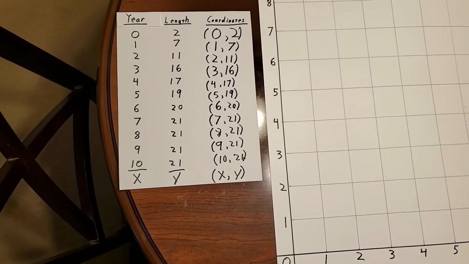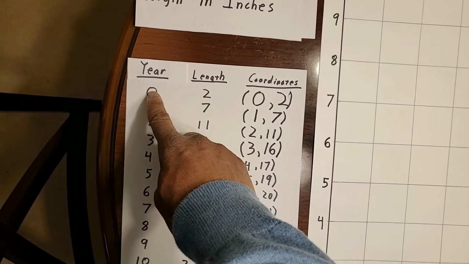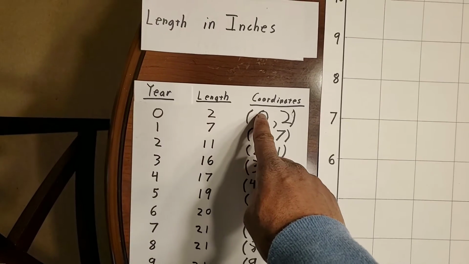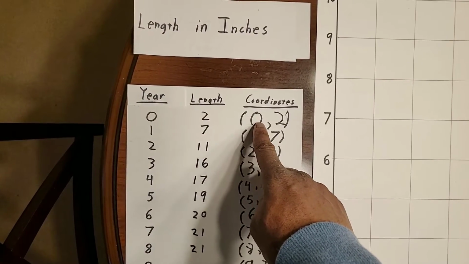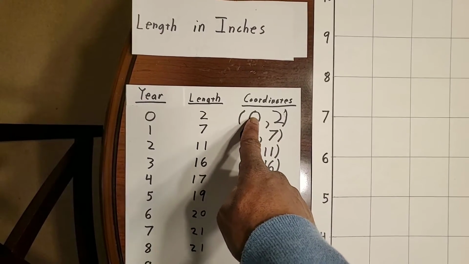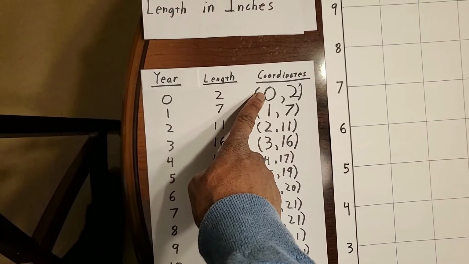Okay, so let's look at year 0. What's the coordinates for year 0? It's going to grow 2 inches in year 0. So, once again, this is 0 and 2. For 0 and 2, which one is X?